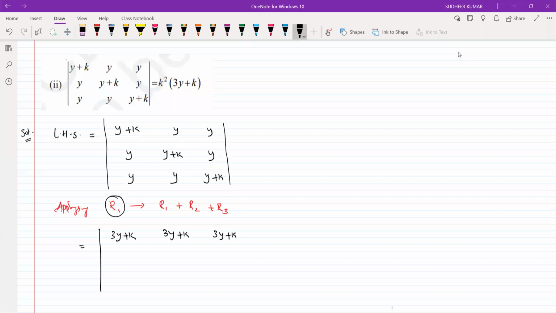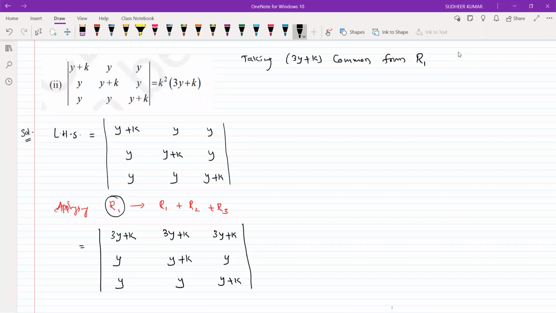Right, so go to the next one. This is y, y plus k, y. This is y, y and y plus k. So what do we have to do next? Taking 3y plus k common from R1.